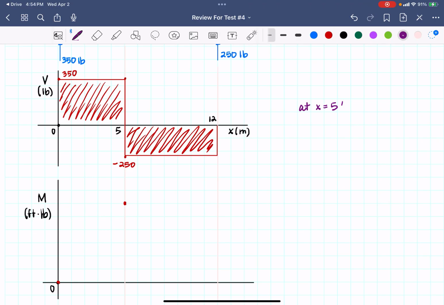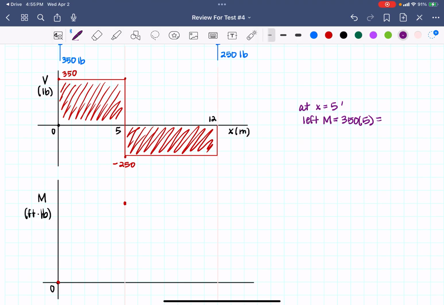So at x equals 5 feet, from the left, M equals 350 times 5, which equals, oh no, I lost my calculator.